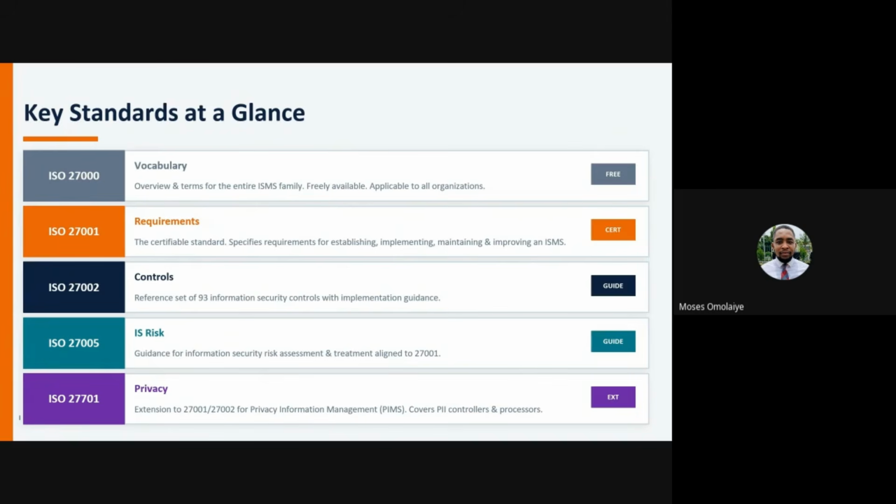Then we have the 27701, which is the privacy standard, an extension of the ISO 27001 and 27002, for privacy information management systems. It covers things like personally identifiable information, how you can control and process that. We see that things like the NDPA and GDPR draw concepts from this basically.